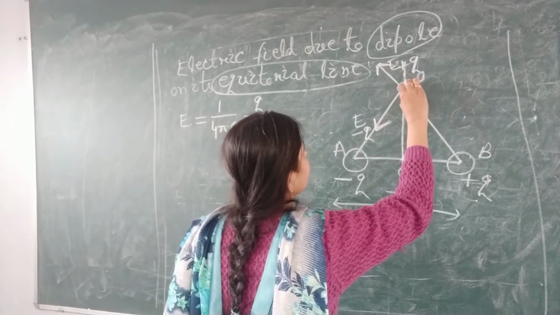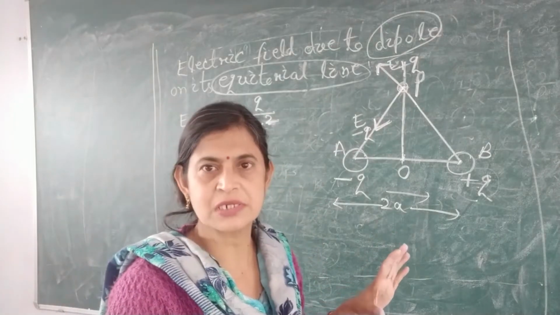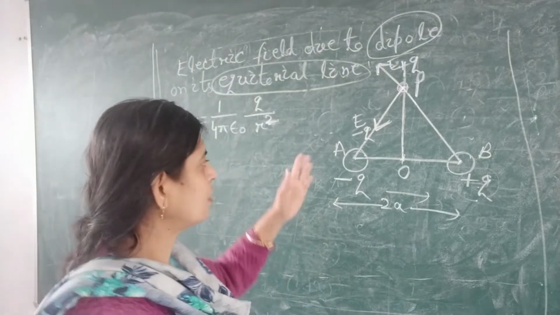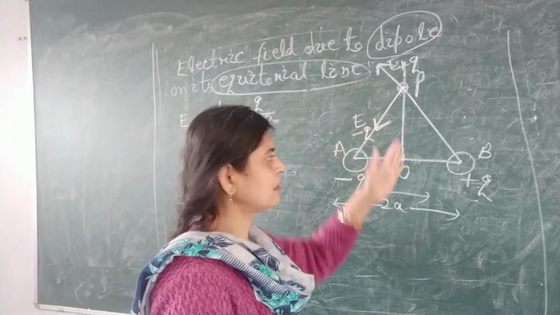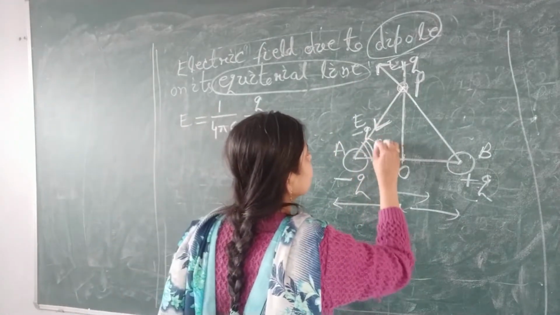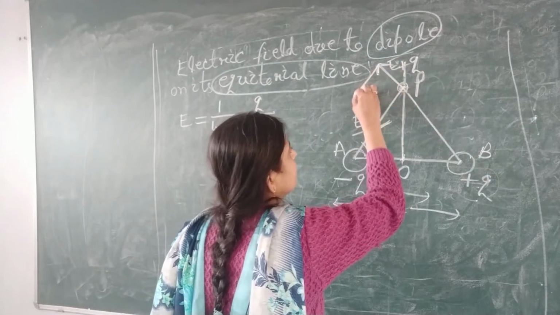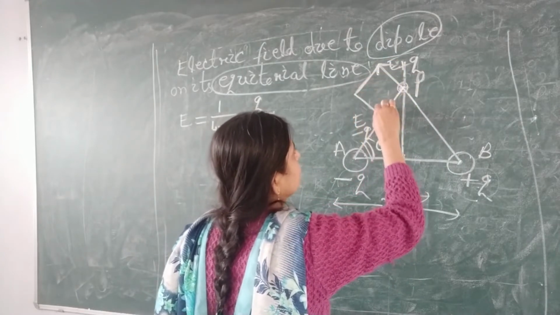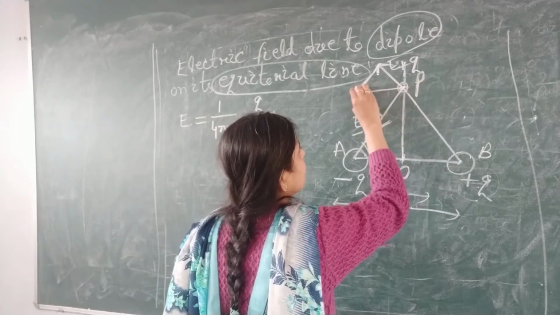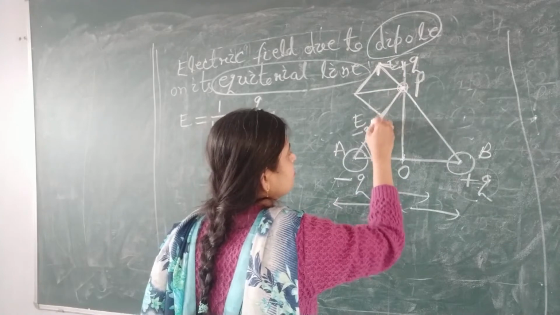Now resolve into vector components, that means one horizontal component and another vertical component, and this angle is theta. This is E plus q and this is E minus q.